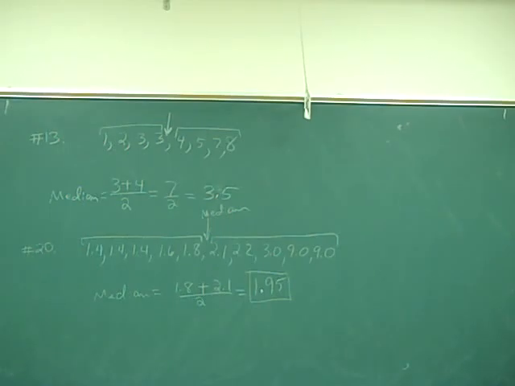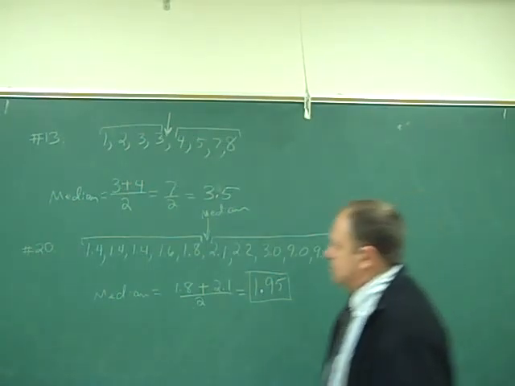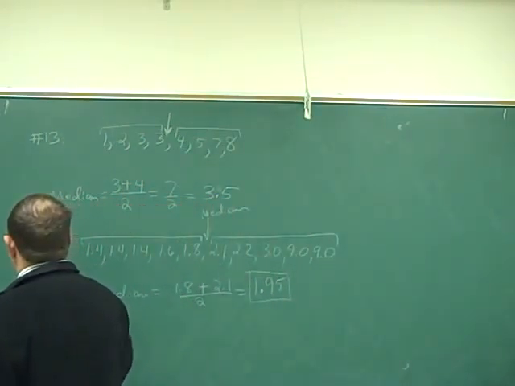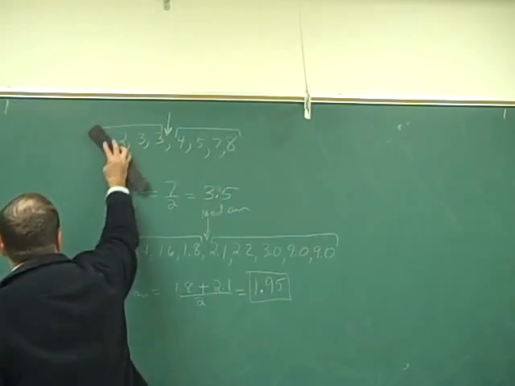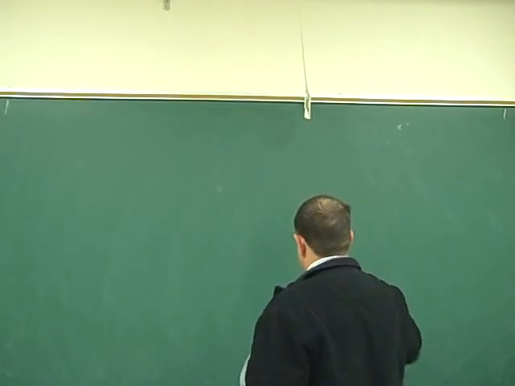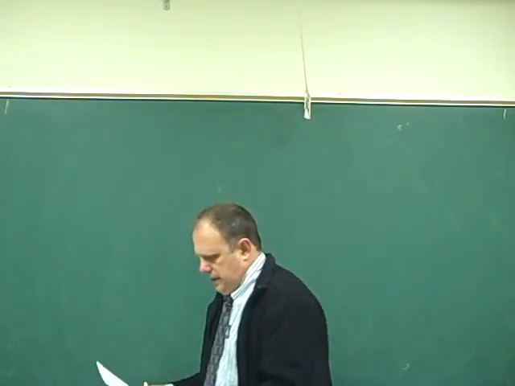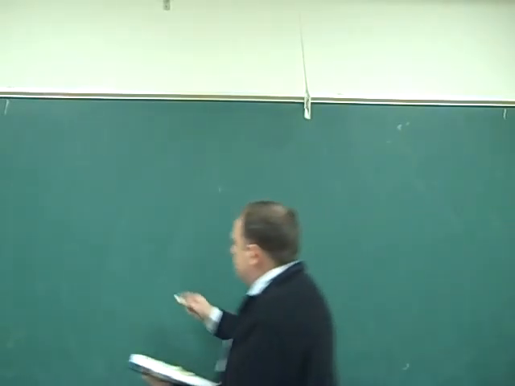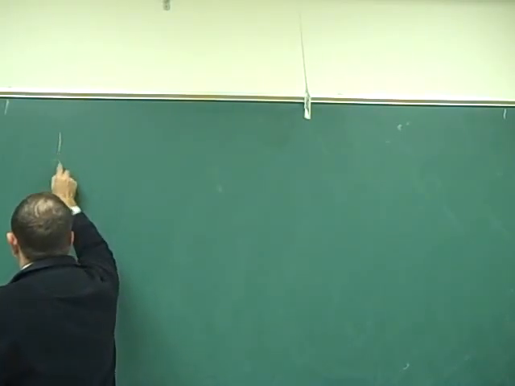On problem 10 again, it says find the median for the data items in the frequency distribution in exercise 10. Well, I knew I shouldn't have erased it so soon. Well, let's take a look at it again. Alright, in exercise 10, here's 1, 2, 3, 4, 5, 6, 7, right?